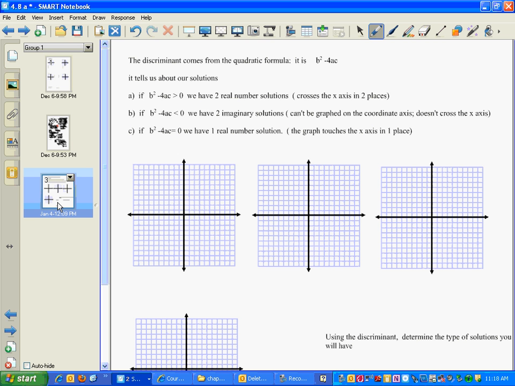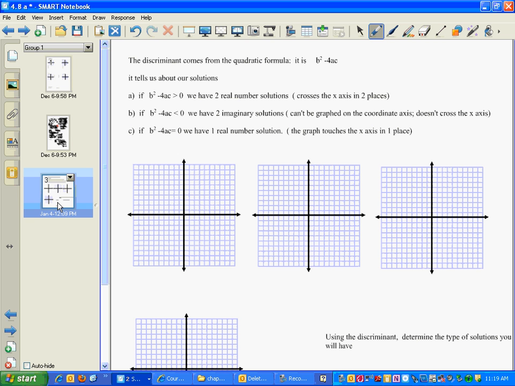A parabola. And a parabola can cross the axis in different ways. It can cross it twice. It could cross it once. If it's the no-B method, it doesn't cross at all. Okay? So what we do is we're analyzing all this information to help us graph this properly.